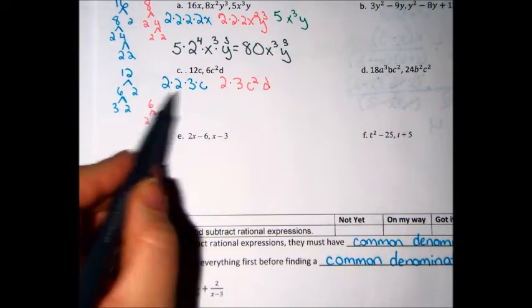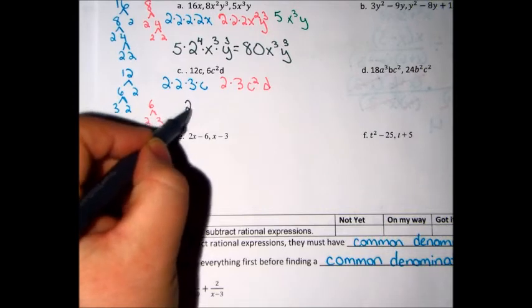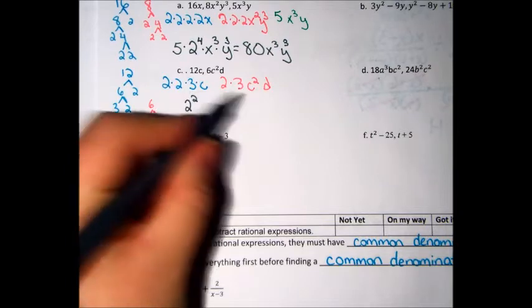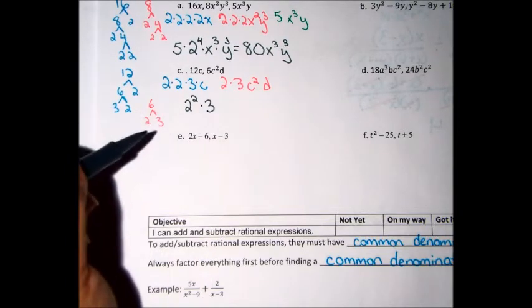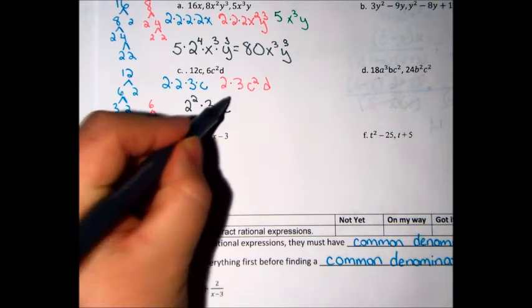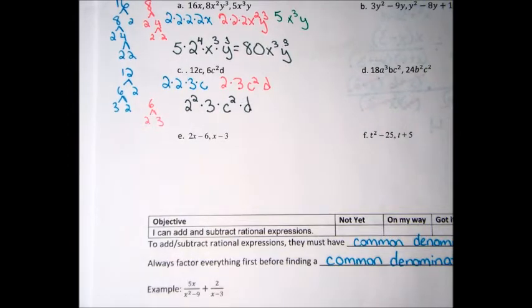The most 2's represented in a factor is found over here, that's 2 of them. They both have an equal number of 3's, so we include just 1. This one has the most c's, and it has the most d's.